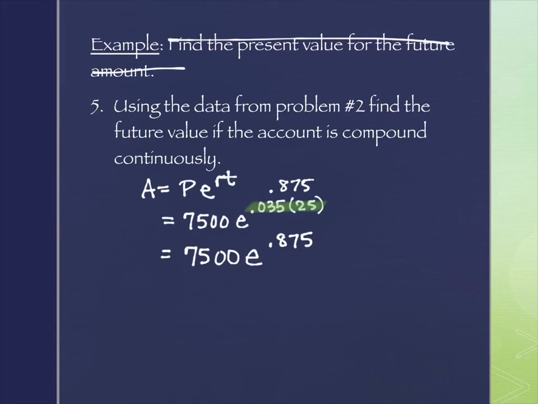Where's the E button in the calculator? It's different on different calculators. We've got two of them on yours. This is the green E. It's right there. It's also over here. So you're going to do 7,500, then this one, and then this location.